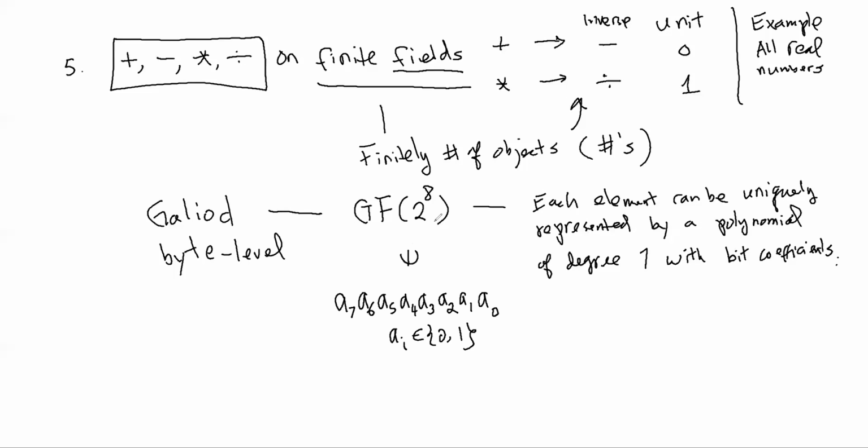Then it can be uniquely represented by a polynomial: A7 x^7 plus A6 x^6, 5, 4, 3, 2, 1, plus A0.